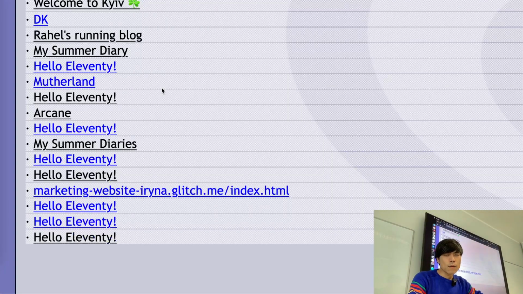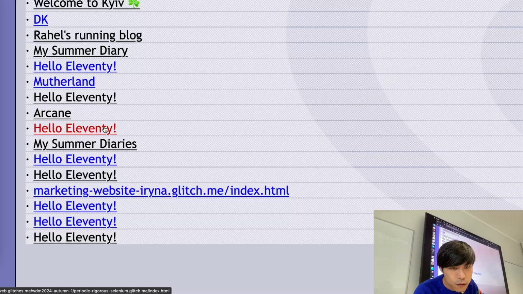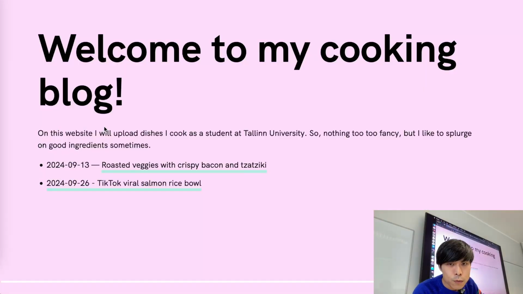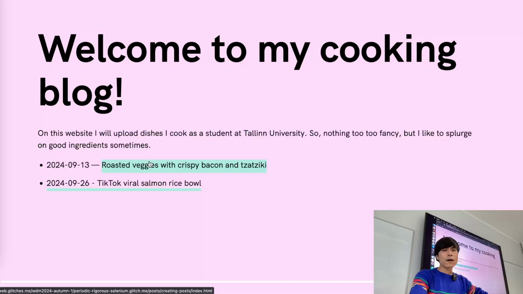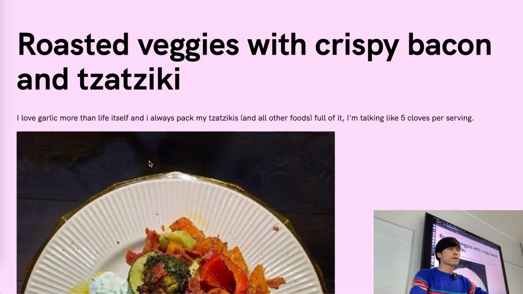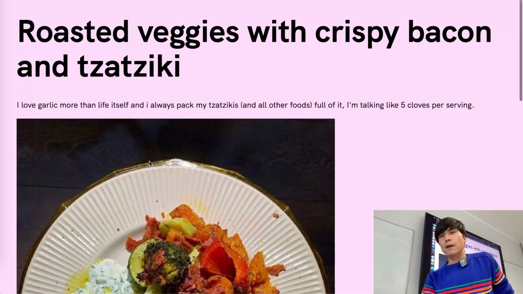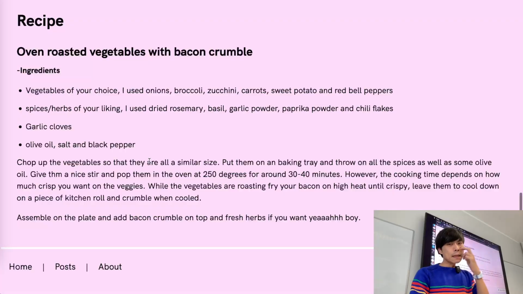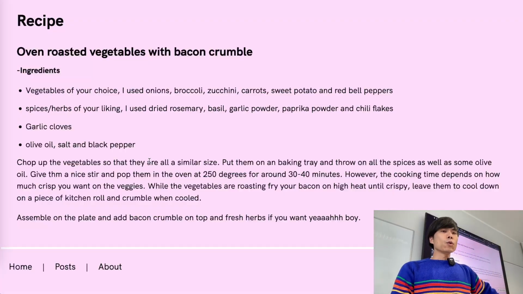So let's see if there are other examples. Yeah, this is what I wanted to find. This is exactly the recipe website, and exactly like I told you in, I don't know if it was the first one or the last one, I think it was the last one.